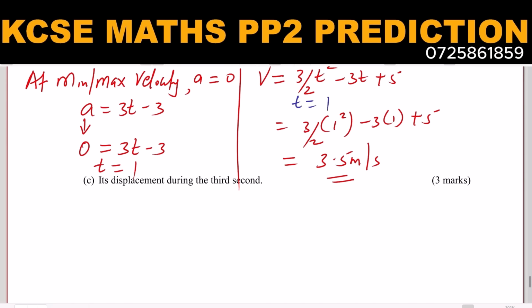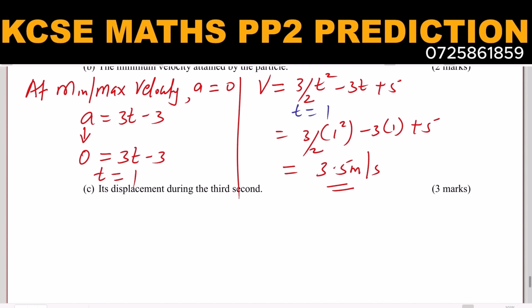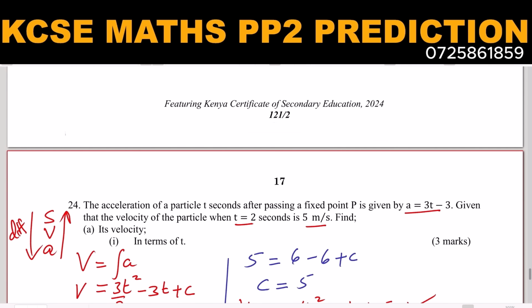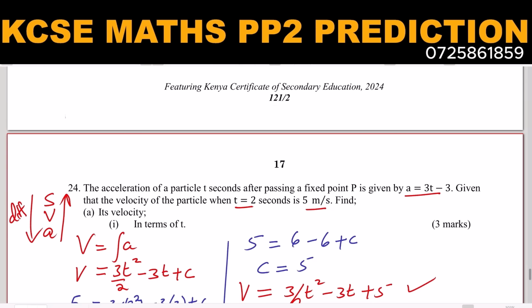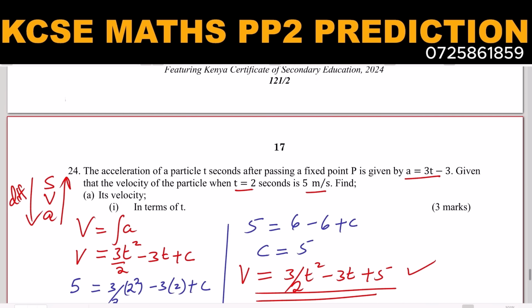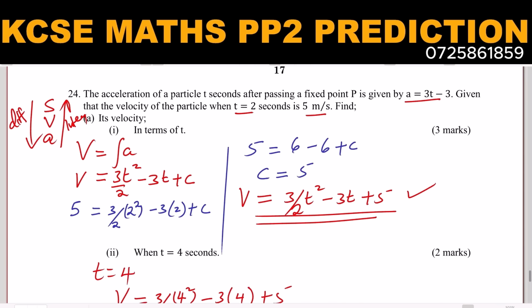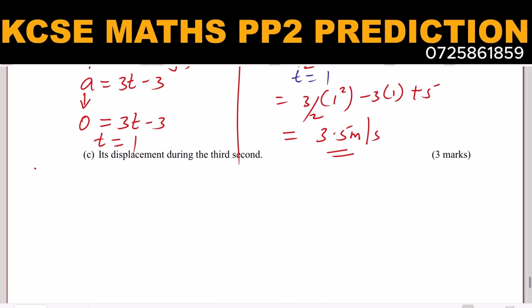Then the other question, its displacement during the third second. So now let's see how you're going to get displacement. You have velocity, so how do you get displacement? You integrate. To get displacement, S is given by integrating velocity with respect to t.